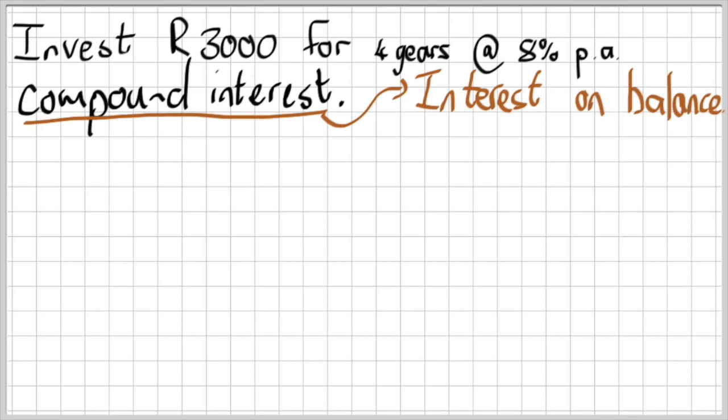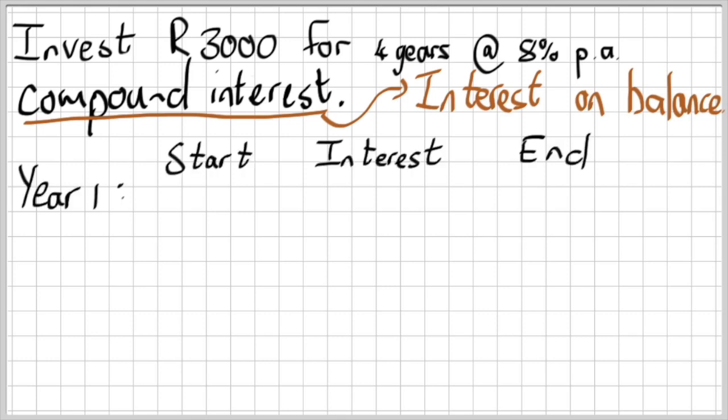Remember, simple interest was interest on the initial amount. What we are going to run through in this specific video is we are going to look at step by step every single year, how much interest am I going to earn and how much am I going to end up with. So let's start our process.